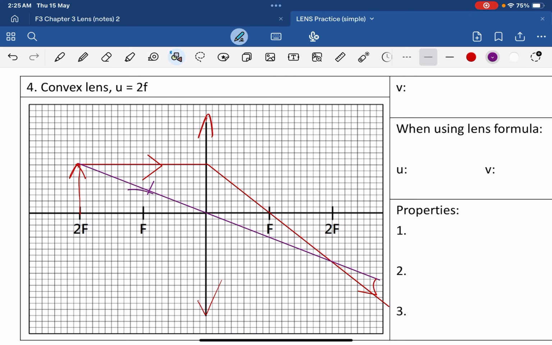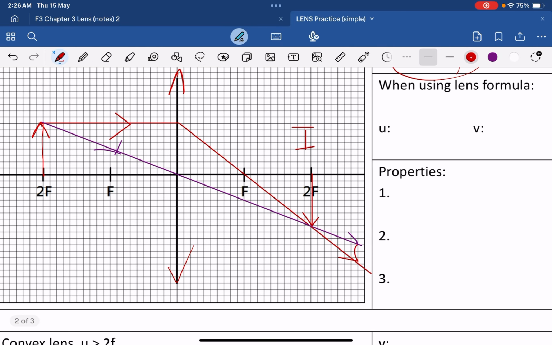Okay. So you find that the image is located at 2f here. So this is a very special case. If U equal to 2f, image distance is also equal to 2f.